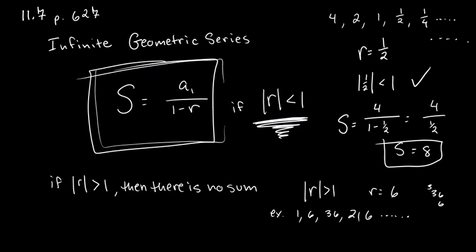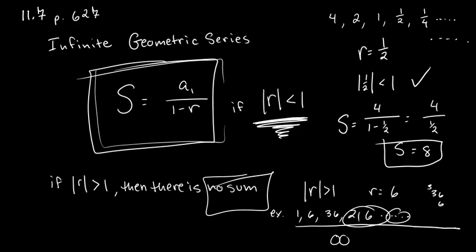That means the sum keeps getting bigger and bigger because I'm adding bigger and bigger numbers. So this one approaches infinity. That's why there is no sum, because it approaches infinity instead of a solid number.